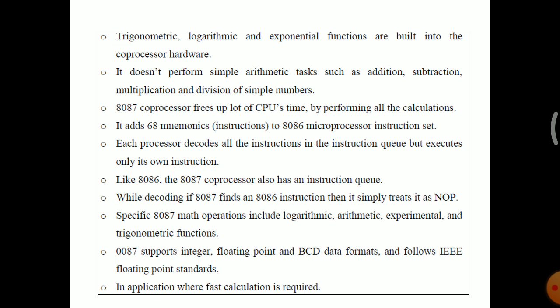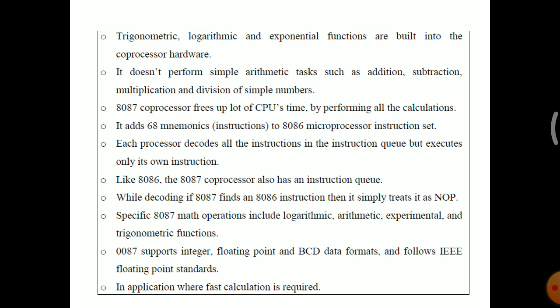In short, 8087 will be used whenever the applications require very fast calculations to be performed, and those calculations will be performed by the 8087 math coprocessor. Try to understand the concept.